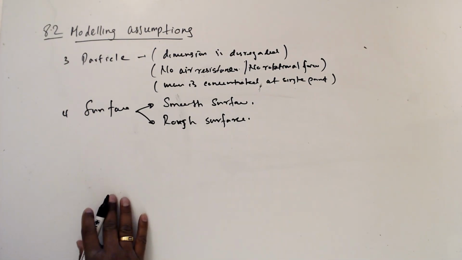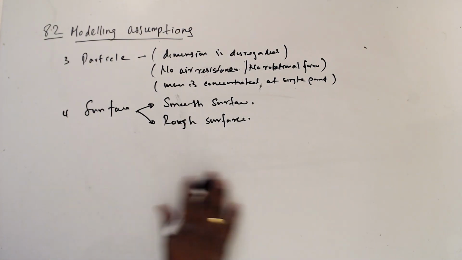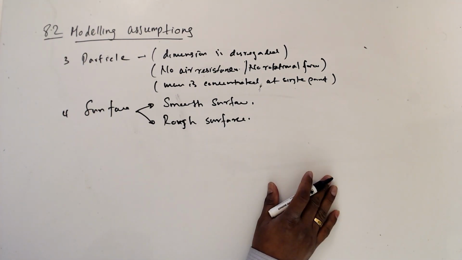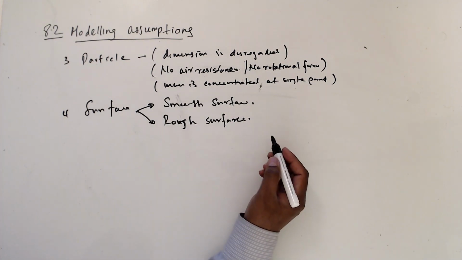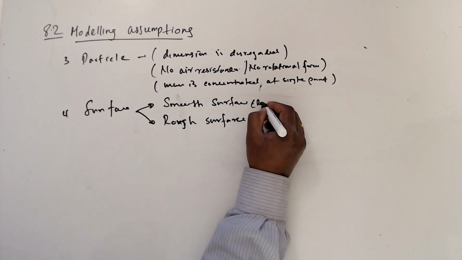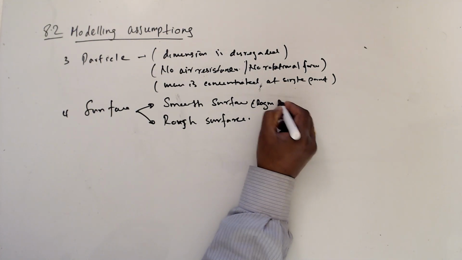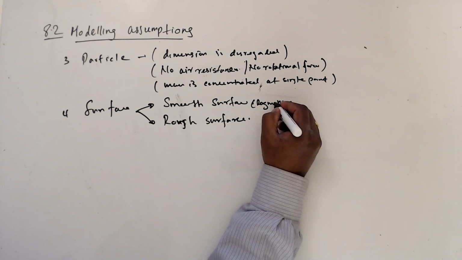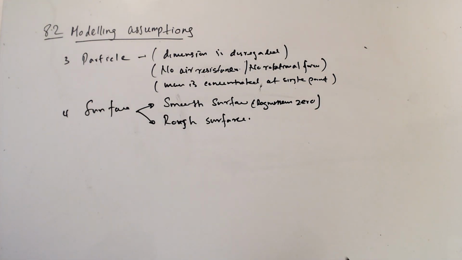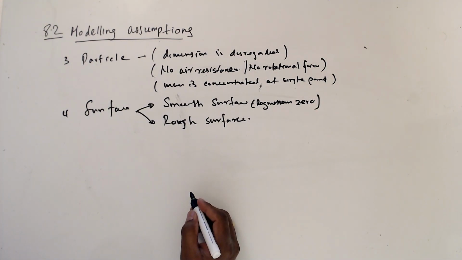Which one is more rough? The road surface is rougher than the board surface. So what is a smooth surface? In other words, the roughness is 0. That's what we refer to as a smooth surface.